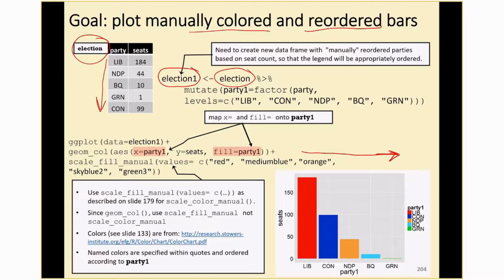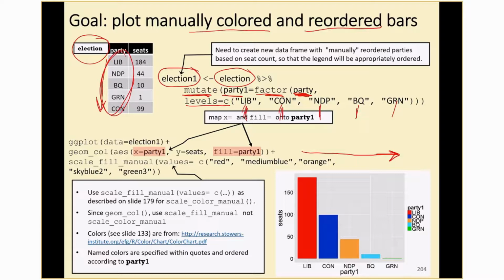So I'm going to use the mutate function to create this new variable party 1, use the factor function. The new variable party 1 is going to be based on party, levels equals C. I type the names in here, inside quotes as the characters, exactly as they are shown here, except now I put them in the desired order.